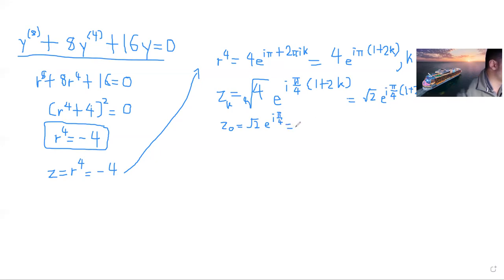So root 2 times 1 over root 2 plus 1 over root 2 i, and that equals 1 plus i.